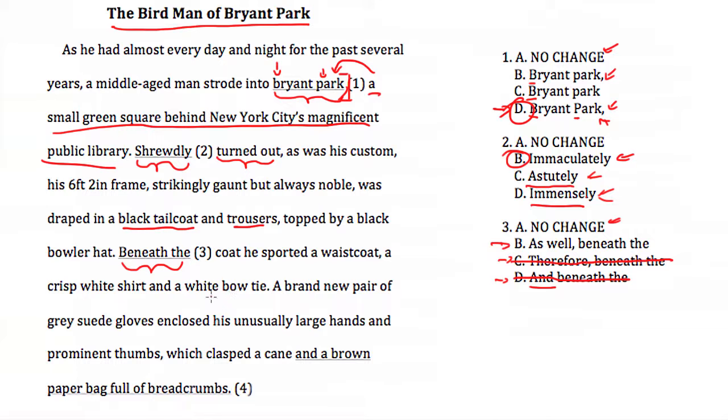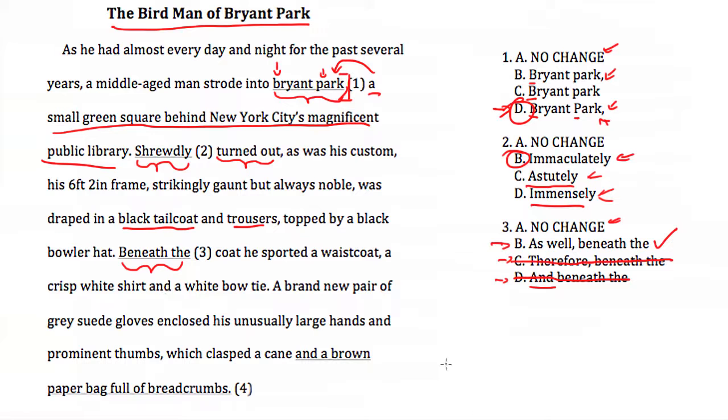B, as well beneath the coat he sported a waistcoat. And that works. That would be grammatically correct. But I don't think there's anything wrong with not using the as well and just starting with the beneath the. So we have to choose between A and B. Well, generally on this exam, you shouldn't let other answers convince you that no change is the wrong answer.